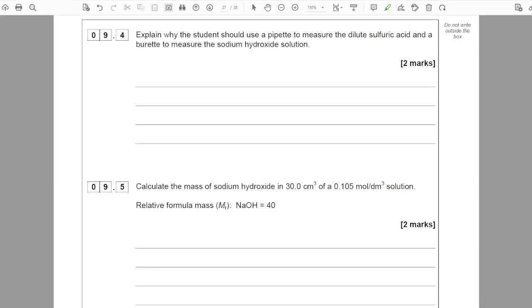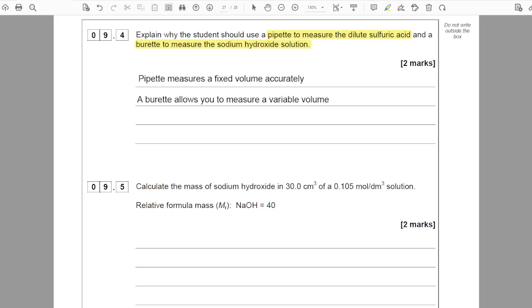9.4. Explain why the student should use a pipette to measure the dilute sulfuric acid and a burette to measure the sodium hydroxide solution. If you remember back to the titration practical, we need to measure a fixed volume of sodium hydroxide accurately 5 or 6 times. And pipettes are a great way to do this because they measure a fixed volume very accurately in each test.